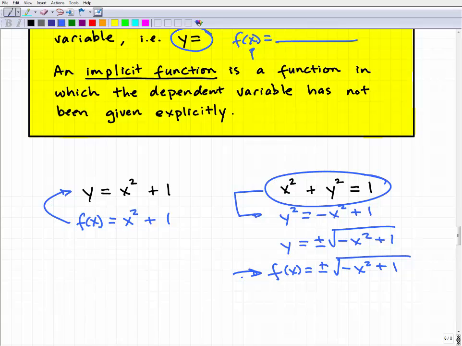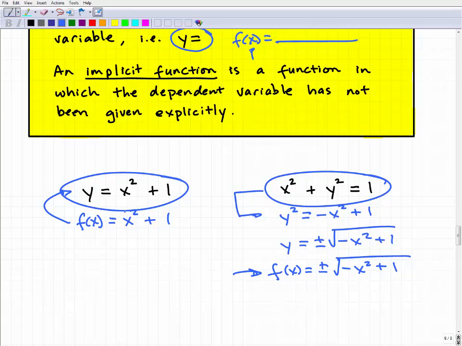Okay. Now I want to tell you very briefly why this really is important. Again, you won't see this fully play out until you take calculus, but in calculus we do something called finding the derivative of a function. And oftentimes when a function is in explicit form, it's more difficult to find this derivative, and so we end up having problems.